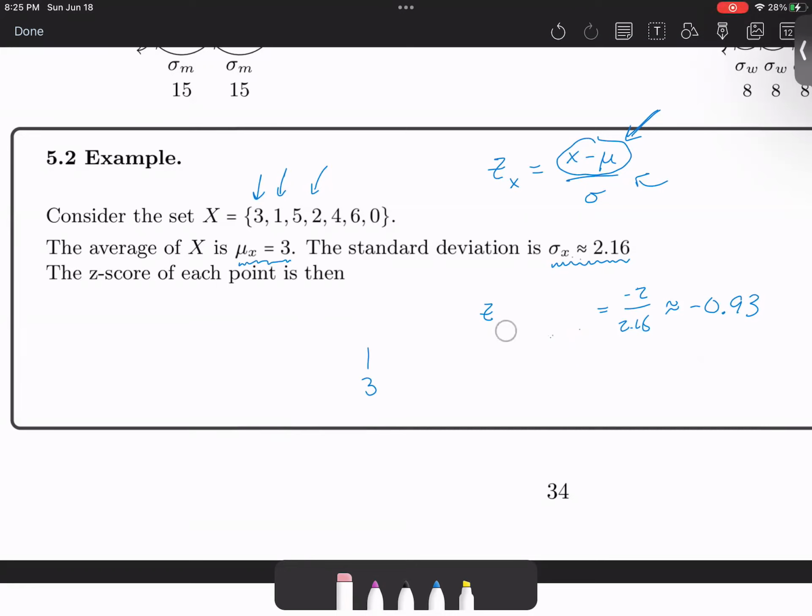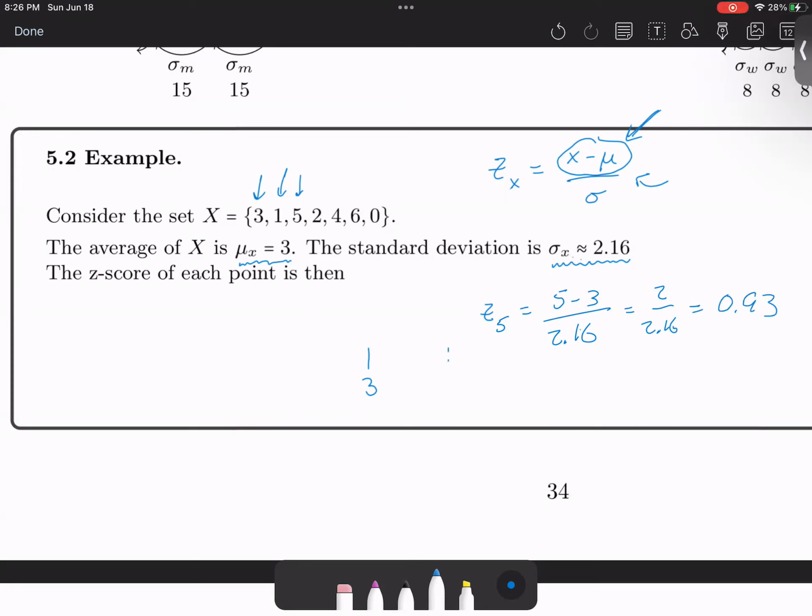Now let's compute the z-score for the next point, 5. The z-score for 5 will be 5 minus the center divided by the standard deviation. That gives us 2 divided by 2.16. That gives us a positive 0.93.